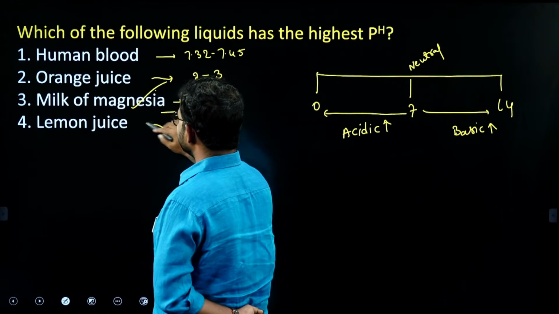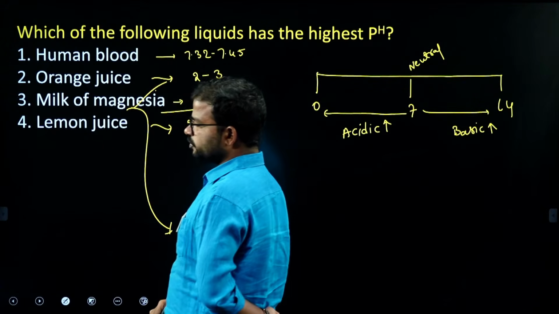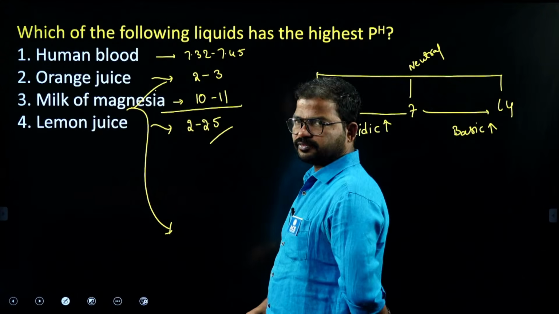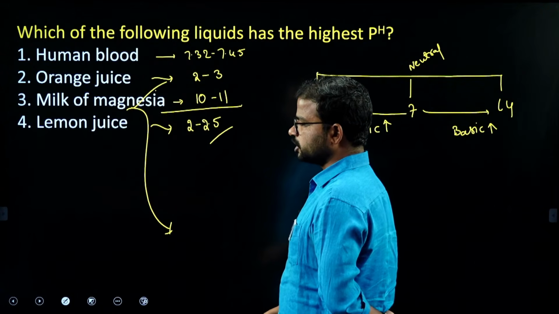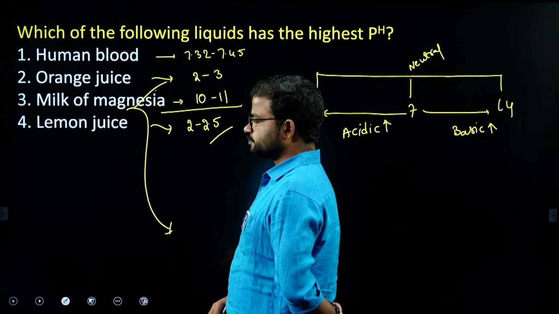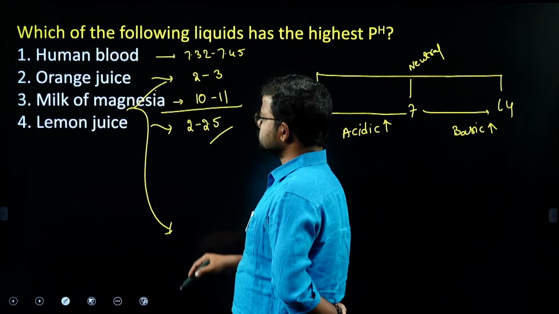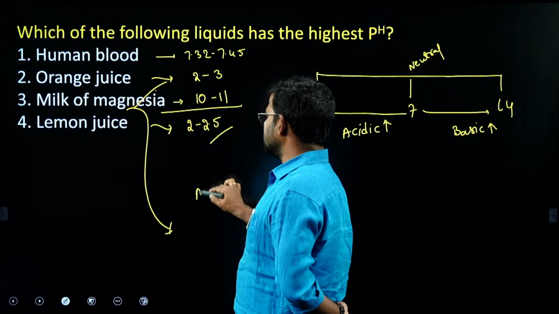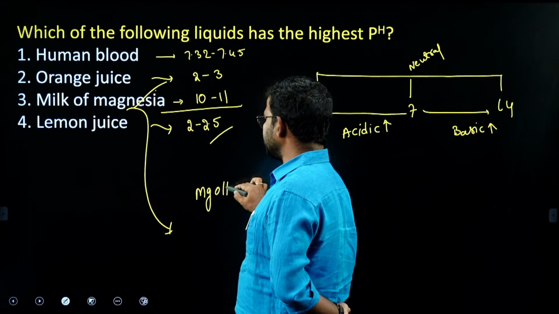Milk of magnesia. Here again I have a question for you. Which chemical is treated as milk of magnesia? What is the chemical name of milk of magnesia? Anyone? It is nothing but magnesium hydroxide.